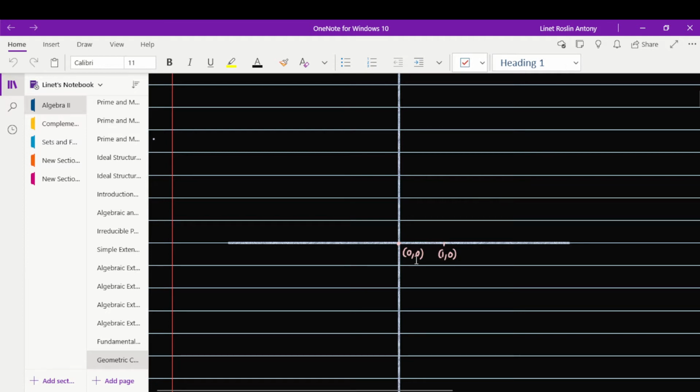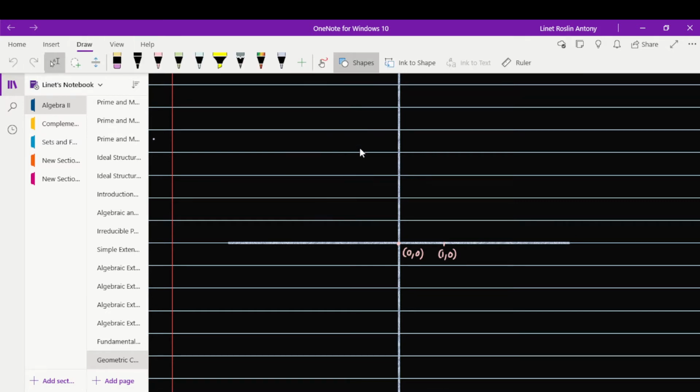And we know that the distance between 0, 0 and 1, 0 is unit length, right? So first we are going to draw a circle with unit radius and center at 1, 0. Okay, so this is a circle.